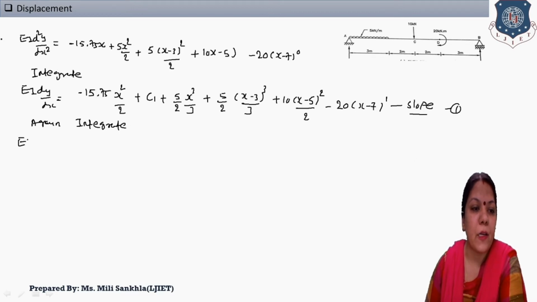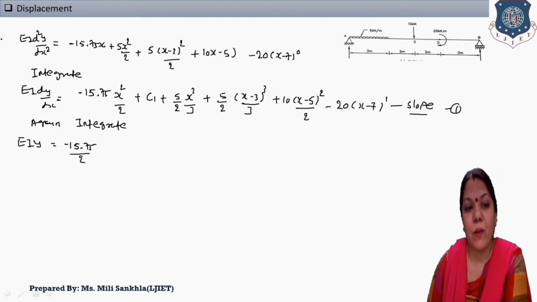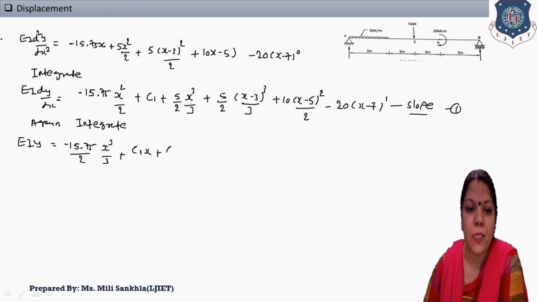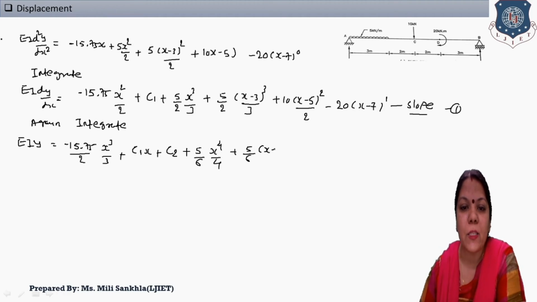According to the rule of Macaulay's method, again integrate the above equation. Now EI y, what is the integration of dy/dx? That is y equals minus 15.75 by 2. Remember that there is no need to divide it, write it as a constant. Then x³ by 3 plus C1, integration of C1 is C1x, plus add second constant C2, plus 5 by 2 into 3, that is 5 by 6, and the integration of x³ is x⁴ by 4, then again 5 by 6 (x − 3)⁴ by 4.